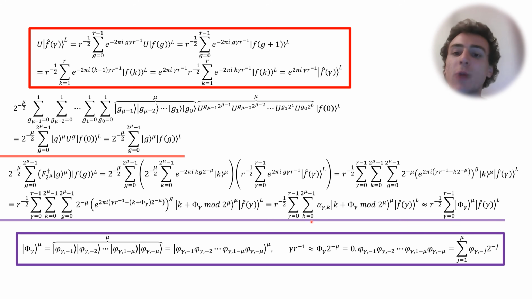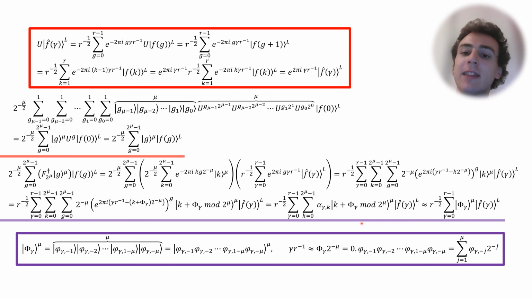Now we're going to get to an approximation. So we want to choose a value of mu that ensures that this approximation holds. So we want the amplitude in this superposition to be really large for k equals 0. And we want the amplitude for all other values of k to be really, really small.